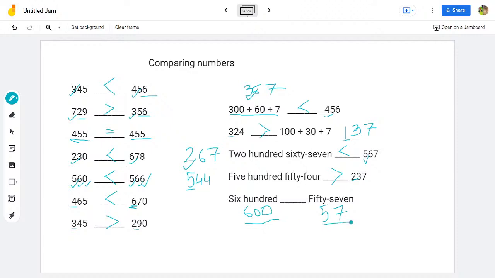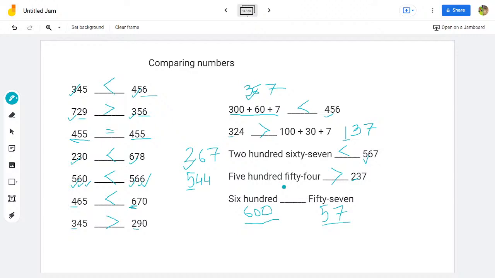Now looking at the two numbers, we can see that 2-digit numbers are always less than 3-digit numbers. The lowest 3-digit number is 100. Below 100 we have all 2-digit numbers. So 2-digit numbers are always less than 3-digit numbers, which means 57 is less than 600.